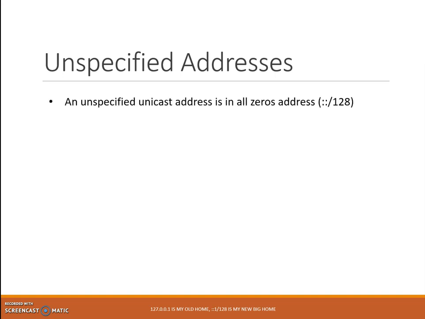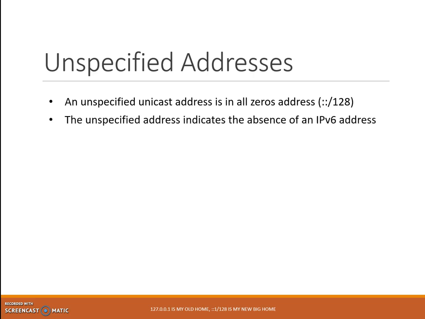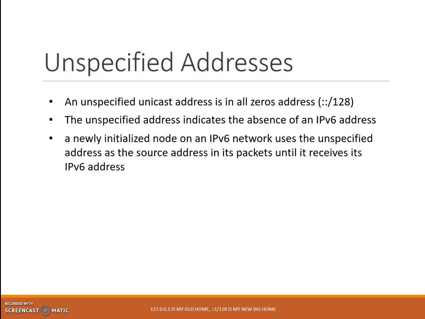Unspecified addresses. An unspecified unicast address is an all zeros address, which is ::/128. The unspecified address indicates the absence of an IPv6 address. A newly initiated node on an IPv6 network uses the unspecified address as the source address in its packets until it receives its IPv6 address.